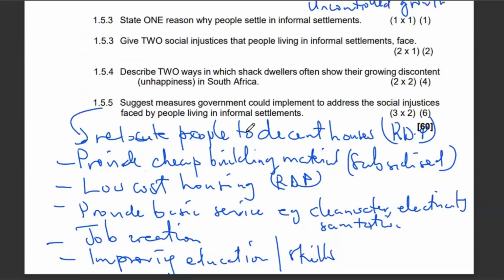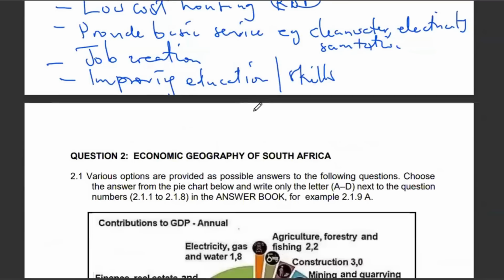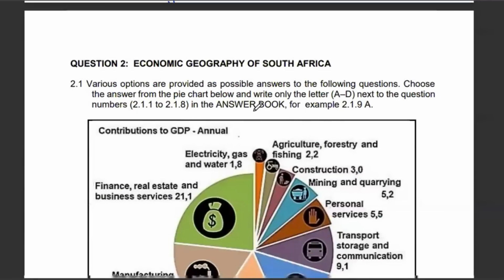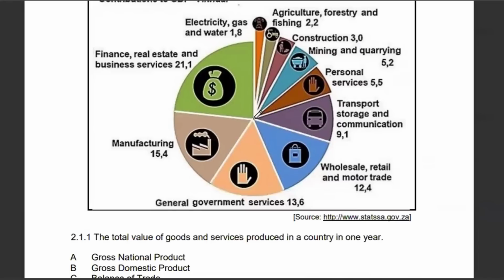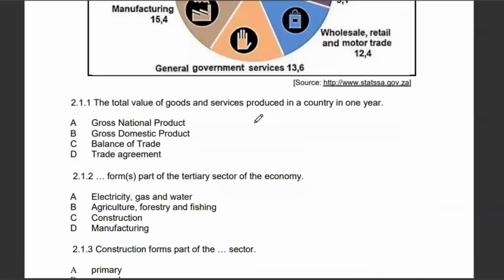What we need to do now, we need to move on to the next question, the question on economic geography of South Africa. Right, this question, question number 2, is based on that pie chart, which is showing the contributions of different sectors of the economy. Right, number 2.1.1, it says the total value of goods and services produced in a country in 1 year.